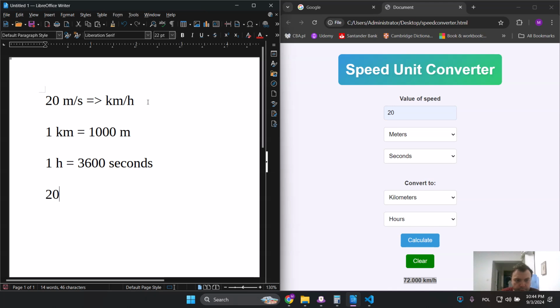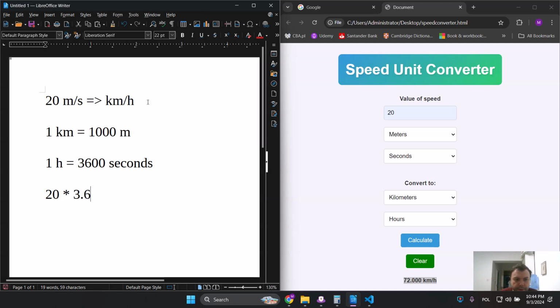We take the value of meters per second and we multiply it by 3600 and we divide it by 1000, and then you will notice that we could simplify it because 3600 divided by 1000 is simply 3.6. So 20 times 3.6 equals 72, and we've got our value.